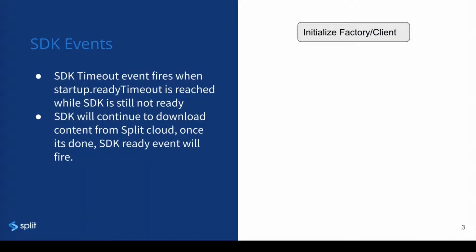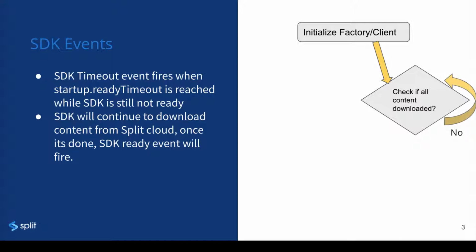So we mentioned the SDK events, and here is more explanation about how the SDK events fire. Once the factory is initialized, a thread will always check if all the content is downloaded. If it's not, then it will keep checking until all the content is downloaded, and once it confirms, it fires the SDK ready event.